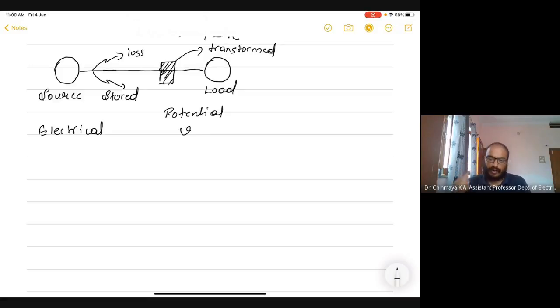Potential difference between two points is voltage. And the kinetic variable is current, I. Voltage is in volts and current is in amperes. A kinetic variable is current because the rate of flow of charges produces current.